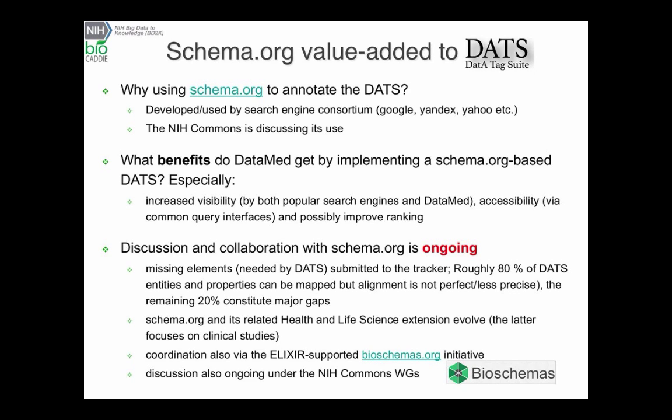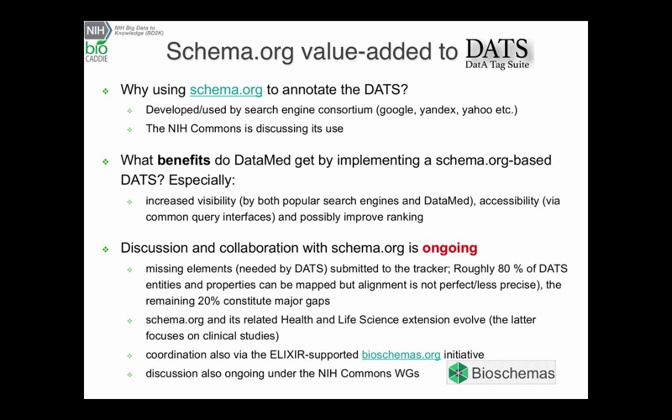What does it mean? It means that schema.org does not have all the vocabulary that we need to annotate the elements in that. So what the team is doing is taking the missing elements, submitting them to the tracker of schema.org, and having the schema.org group decide if they can be added or not to the core schema.org elements.